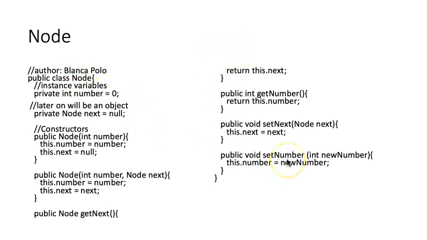So we're going to say set number to change the number inside the node itself. So we give it a new number and we just set it up, okay? In this case, we're only changing the information inside the node. And in this setNext, we're only changing the reference to which this node is pointing to, the next node reference. So these last two over here, those are just set methods. Again, one sets the information, the other one sets the reference to the new node.